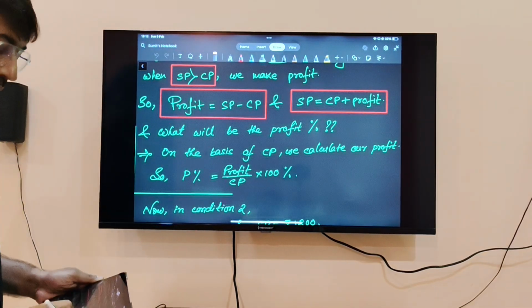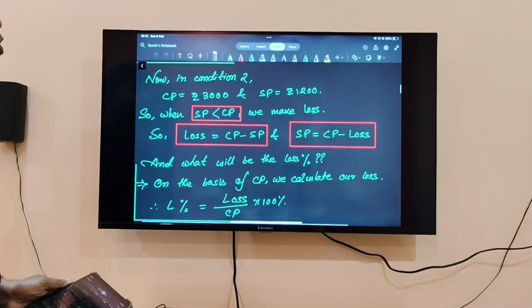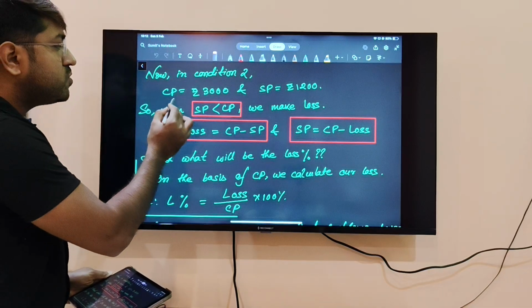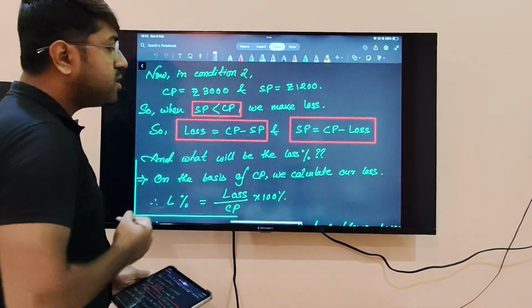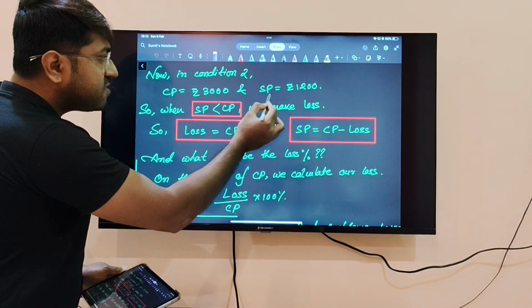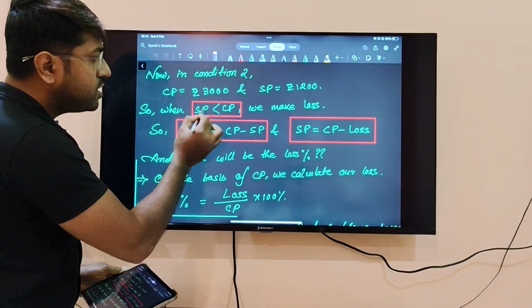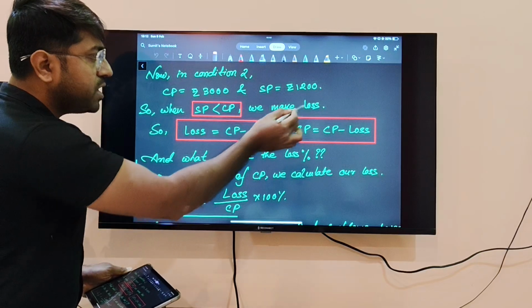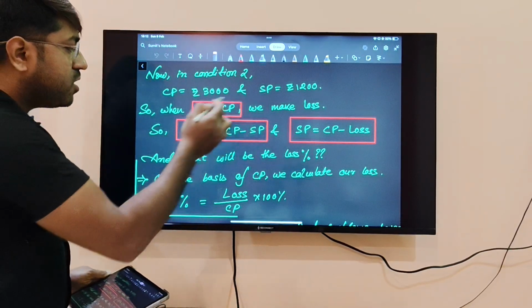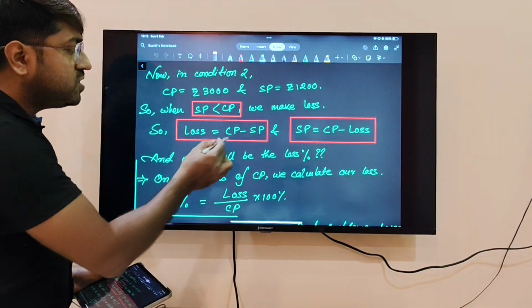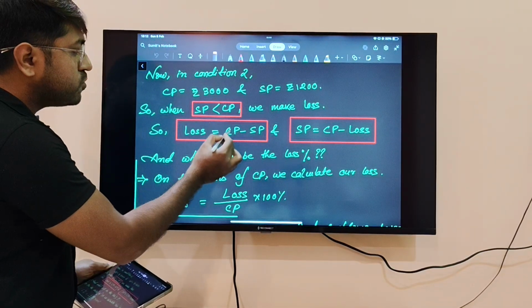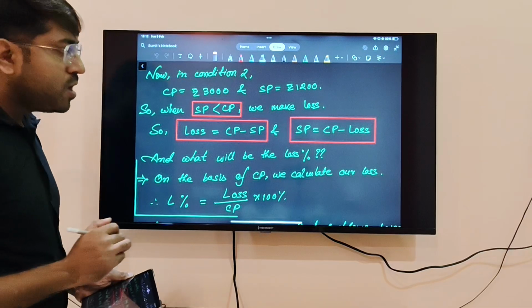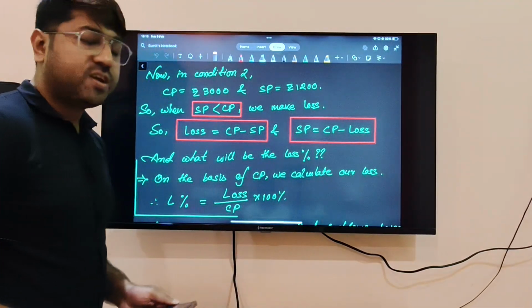That's it. Now come to condition 2. In condition 2, CP was 3000, SP was 1200. So clearly SP is less than CP. SP is less than CP means we make a loss. We make a loss means loss equals CP minus SP. Which one is greater? CP is greater. So CP minus SP is loss. And what is selling price? Selling price is very easy.